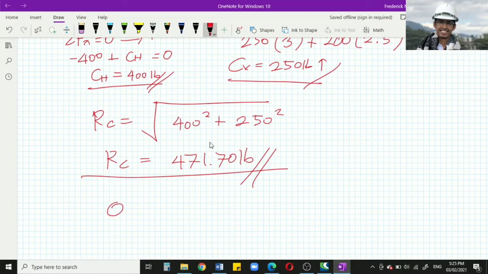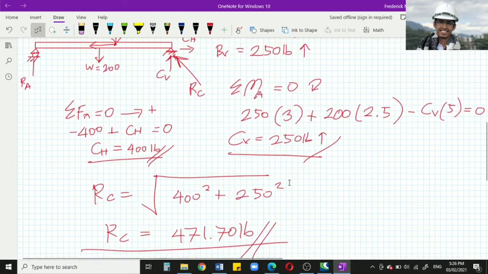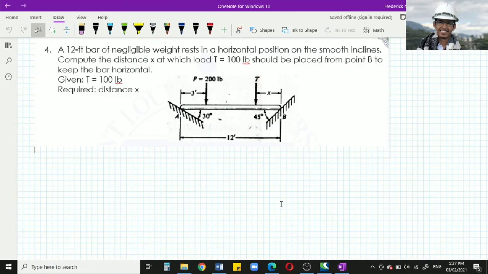So, that will be theta is equal to inverse tan of ano yung vertical natin, that will be 250 over 400. So, yung angle theta natin will be equal to 32.01 degrees. Okay? So, yung RC natin is 471.7 pounds up to the right at 32.01 degrees. Okay? Okay, next problem naman tayo.